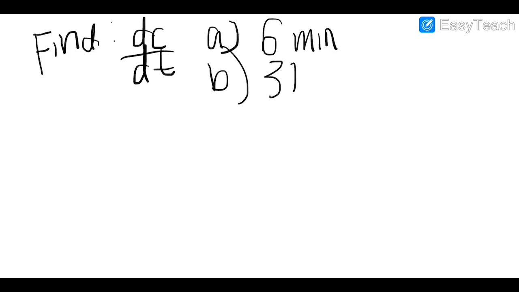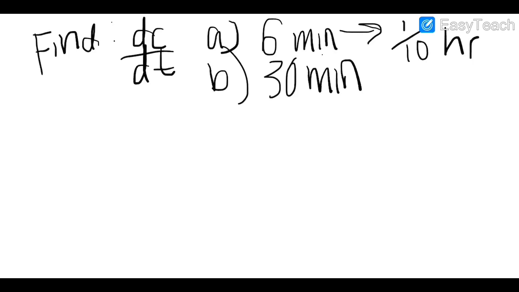and 30 minutes later. But we have to remember that the units given on the original problem are miles per hour, and to find dC/dt is minutes. So we have to convert that, which is going to be 1/10 of an hour. I did that by dividing 6 minutes by 60 minutes.